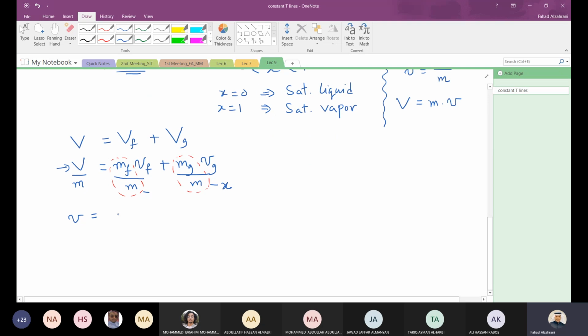So the final equation becomes 1 minus x times vf plus x times vg. Also I can rewrite it in terms of vf, you can check this yourself: vf plus x times (vg minus vf).